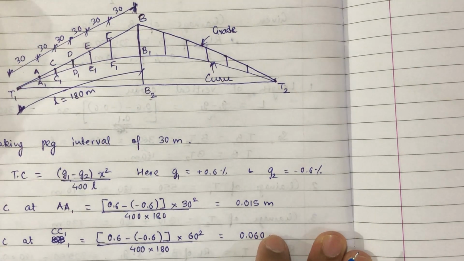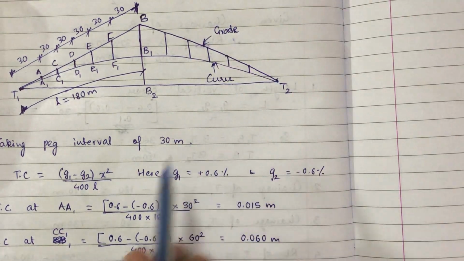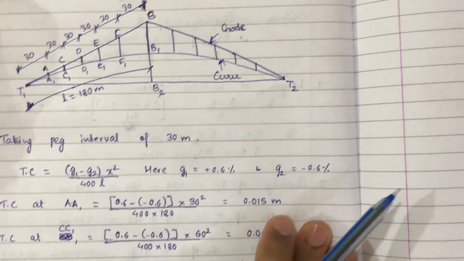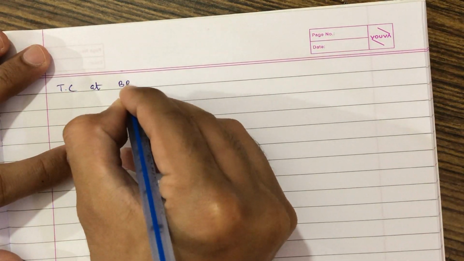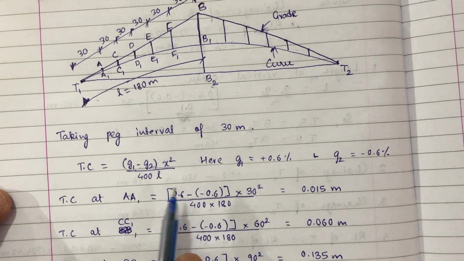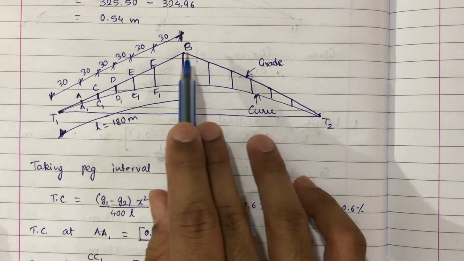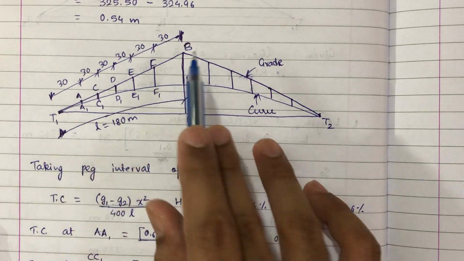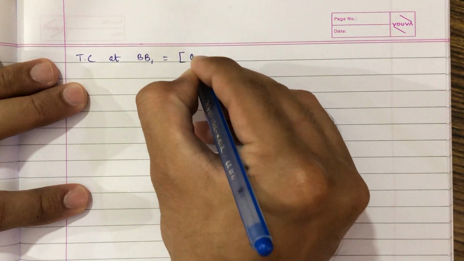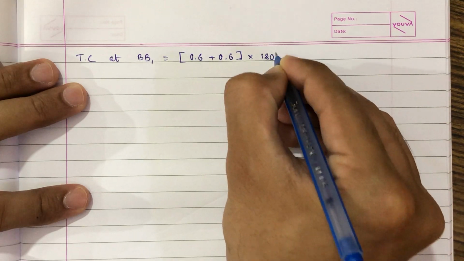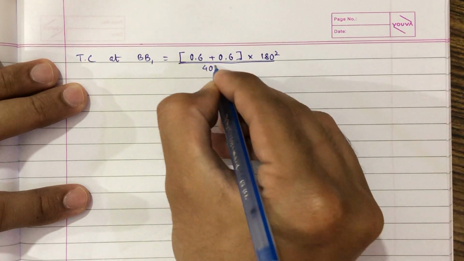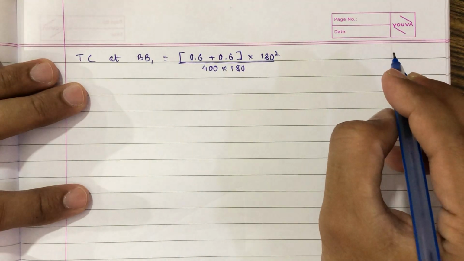Now suppose we need to check the tangent correction at B B1 by this formula. Going by the same formula, B B1 is at a distance of 180 meters from T1. So simply substituting 180 meters over here, we get 0.6 plus 0.6 into 180 square upon 400 into 180.